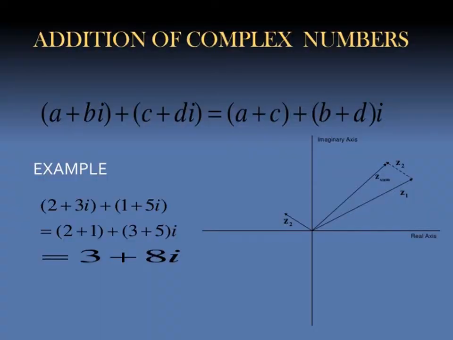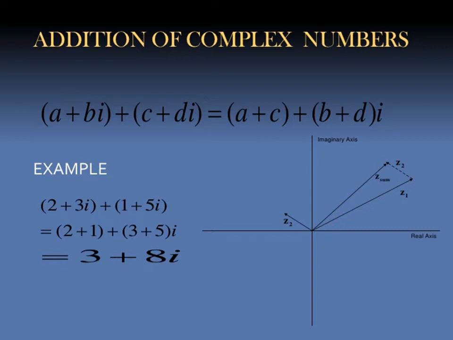In the addition of complex numbers, suppose there are two complex numbers a plus bi and c plus di. These complex numbers are denoted by z. Suppose the first complex number is z1 and the second complex number is z2, and z1 is equal to a plus bi and z2 is equal to c plus di.